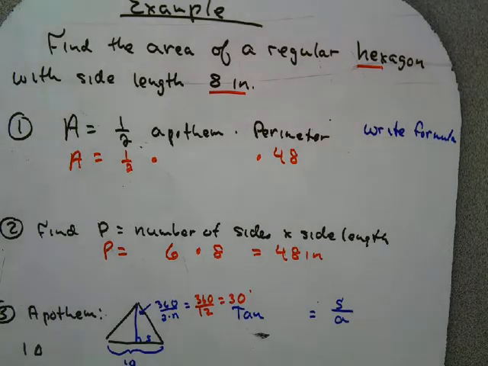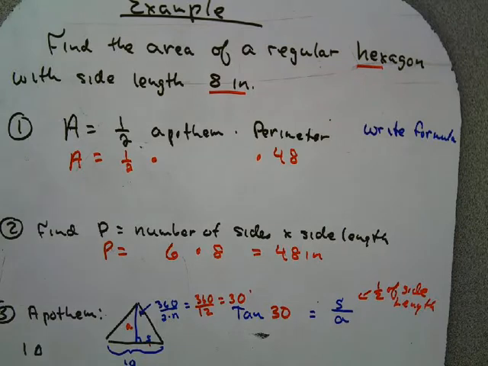Okay? Now, that means I can find my apothem by saying the tangent of 30 degrees equals 4, half the side length, divided by the apothem. Okay?